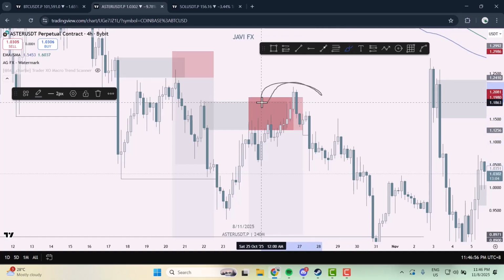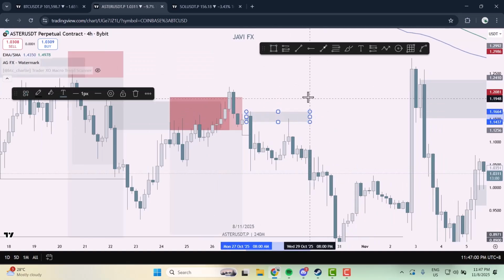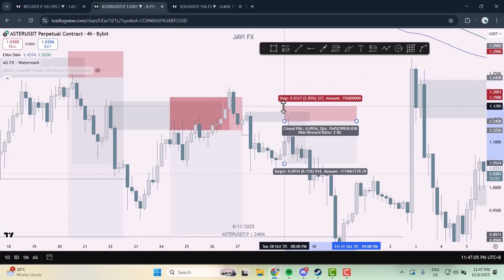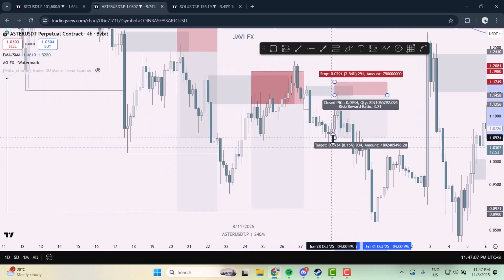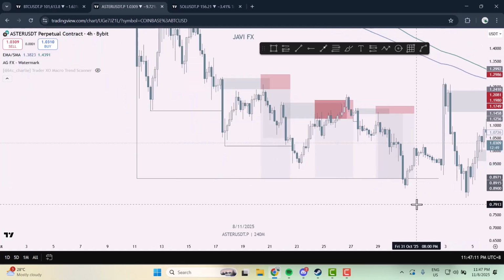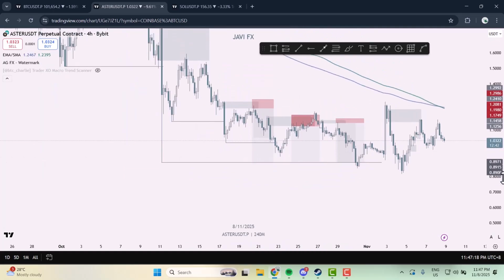So this could be some kind of manipulation. So next, the entry, guess what? Sniper entries once again on our supply zones. You're gonna again target this. Boom, right? Very simple. If you know the trend, it's very simple.